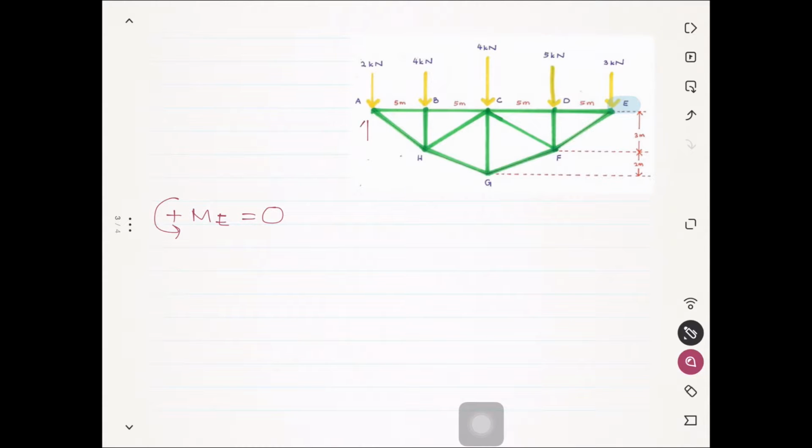Okay, this one is Ay, this one is Ax, one is Ey.